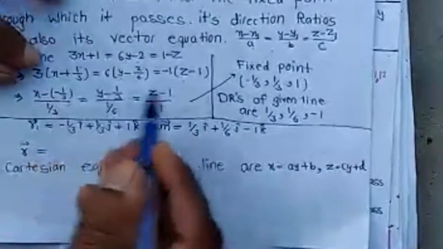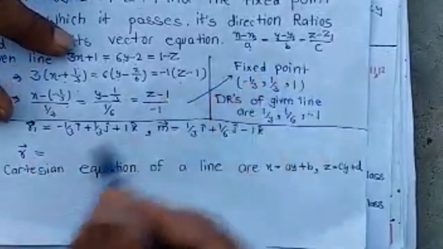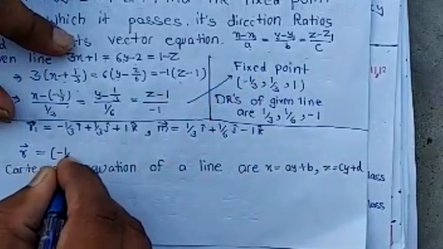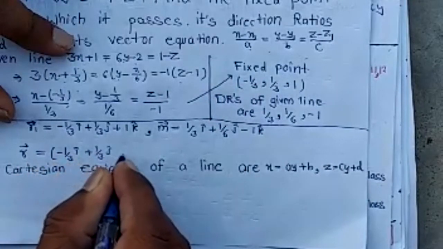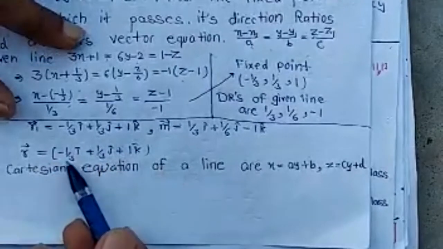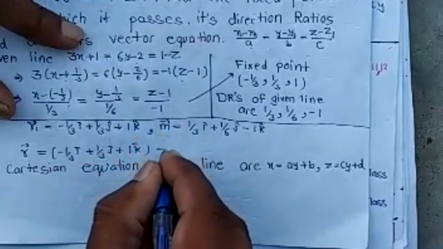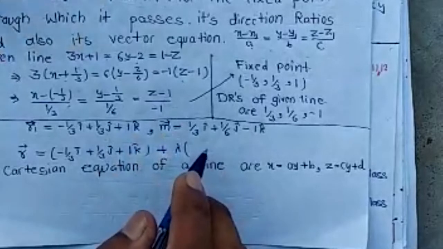We can directly write this equation as given point x1 i plus y1 j plus z1 k. Means r1, which is minus 1 by 3 i cap plus 1 by 3 j cap plus 1 k cap. It is x1 i cap plus y1 j cap plus z1 k cap, plus lambda times the m vector.